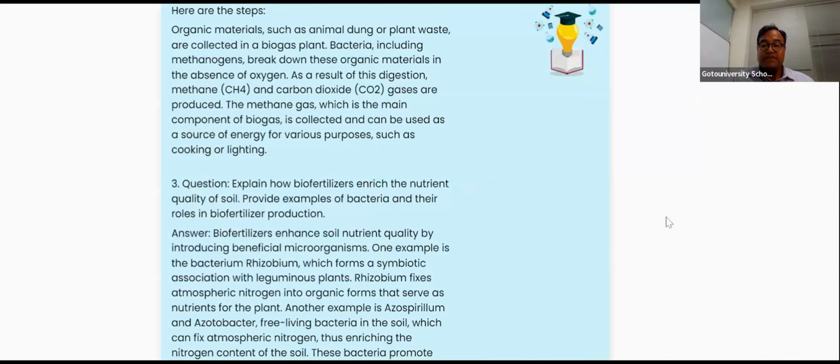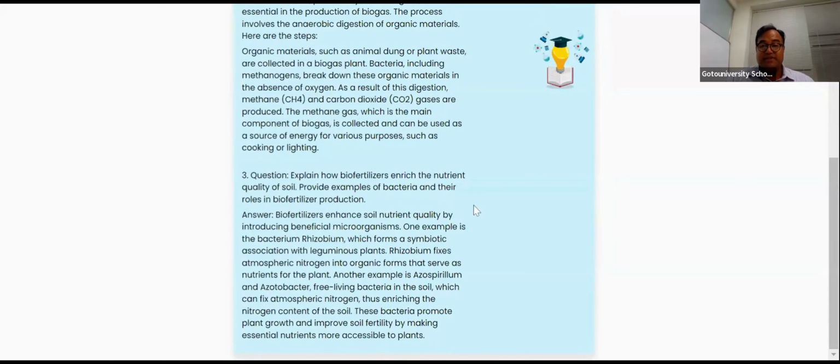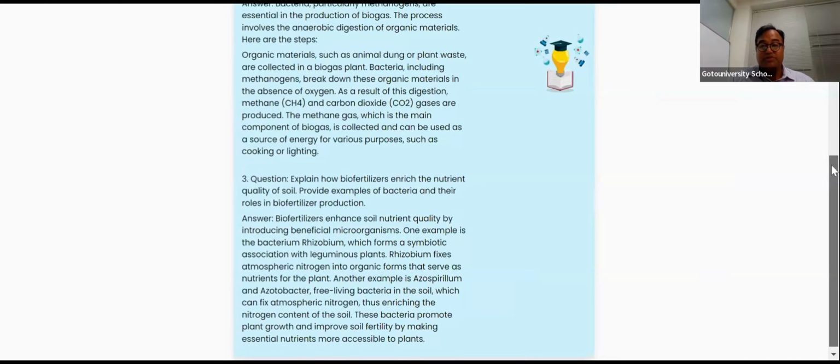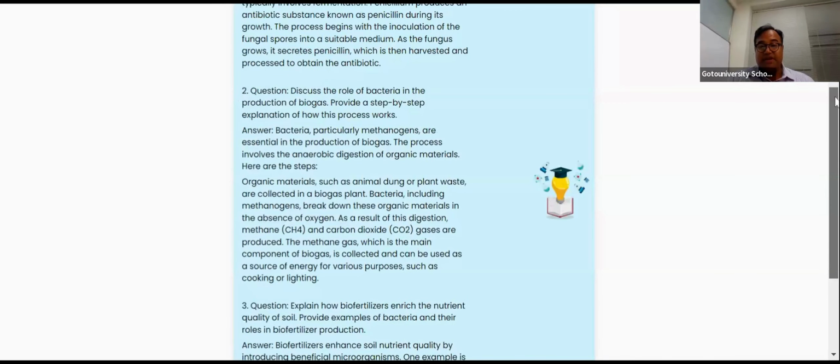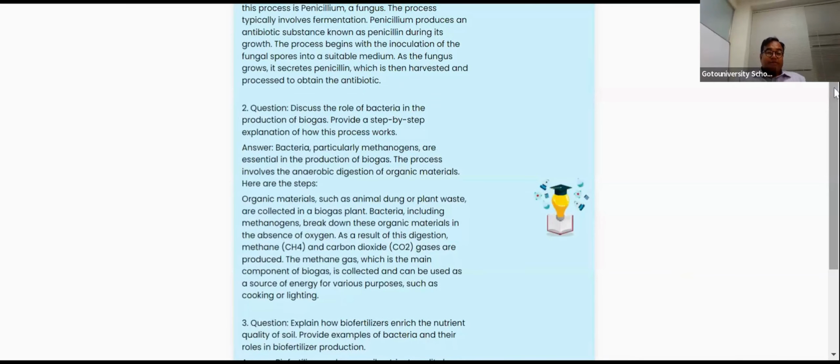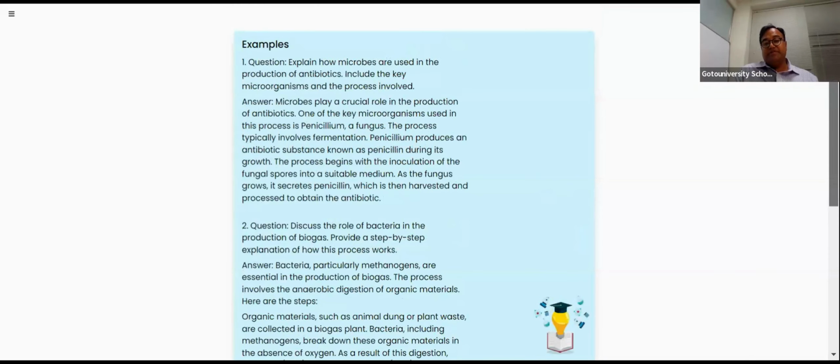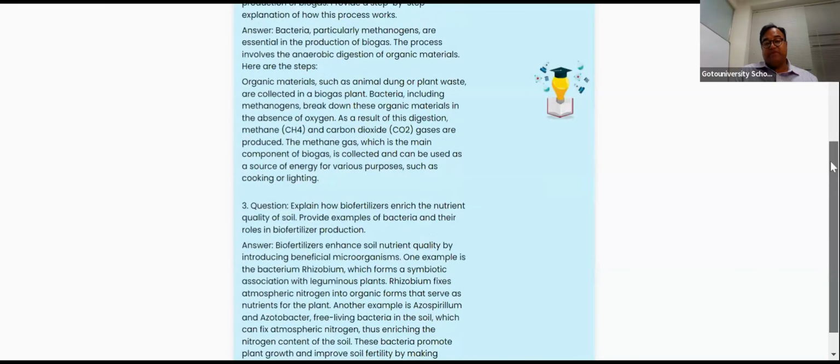So now we discussed the biofertilizer application by using nitrogen fixing bacteria. Then we told about biogas production by using methanogenic bacteria. And then we told about penicillin antibiotic production by using Penicillium notatum. These are all repeatedly asked tough questions in the board exam, right?